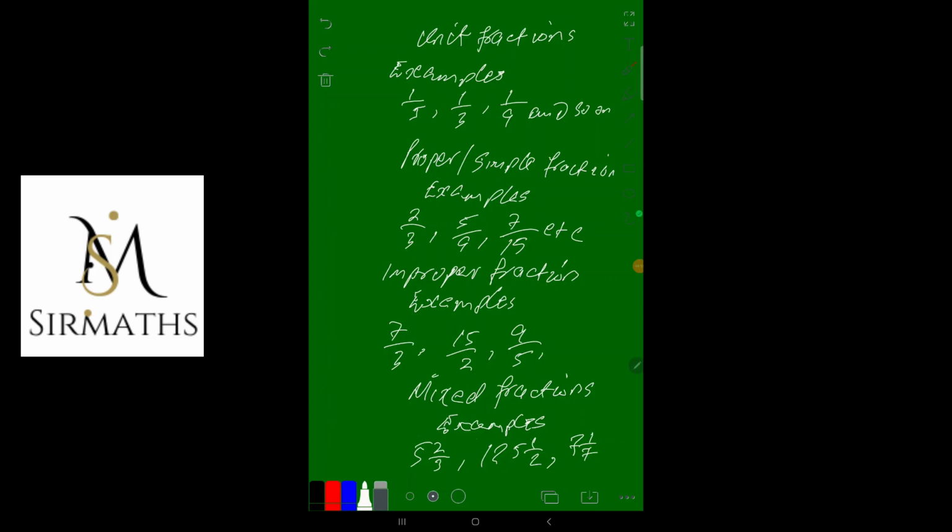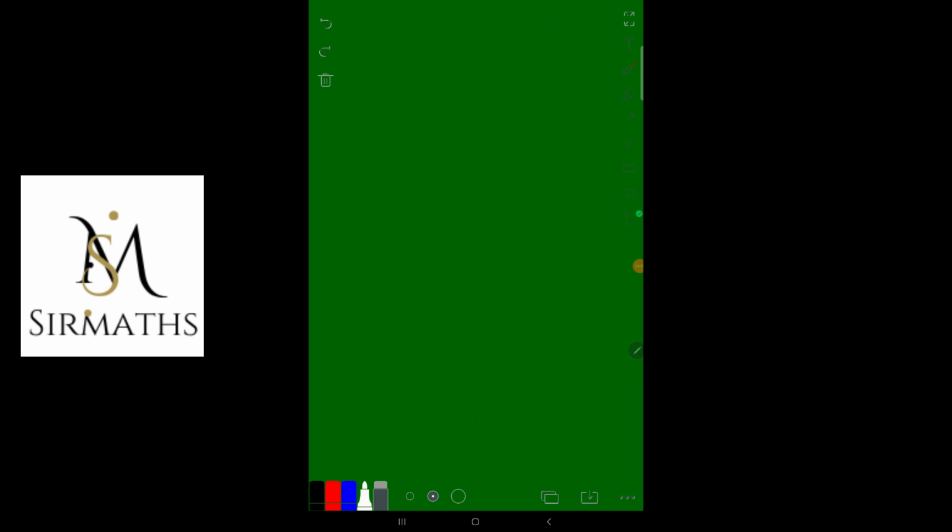These are mixed fractions. Each of them has a whole number with a fraction. That fraction under normal circumstances should be a proper fraction. This is mixed fraction. These are the main fractions. Let's go to other fractions. Like we said, we have like fractions.